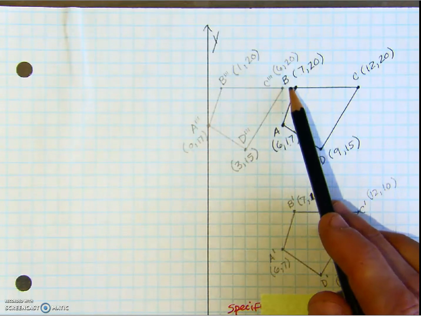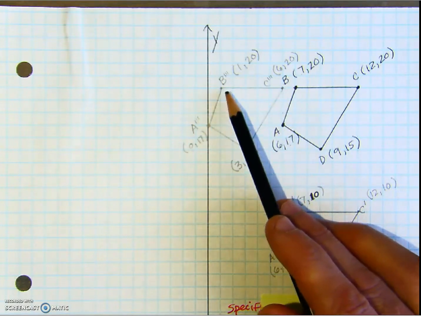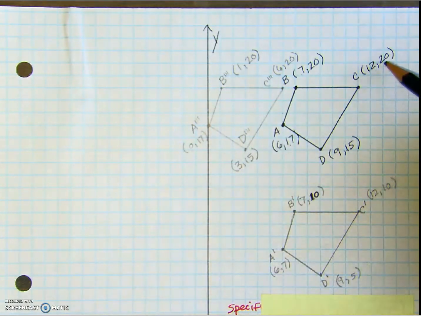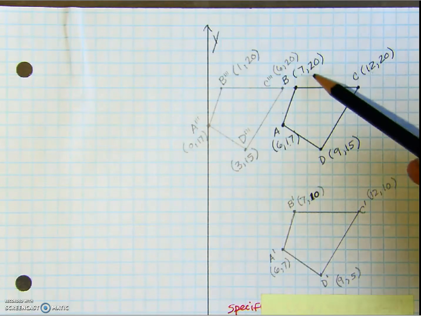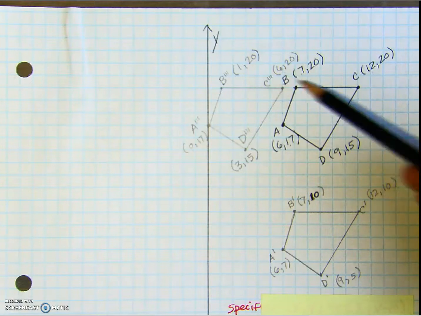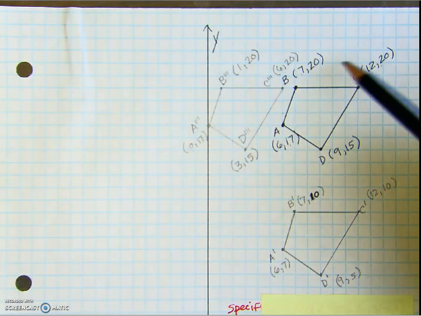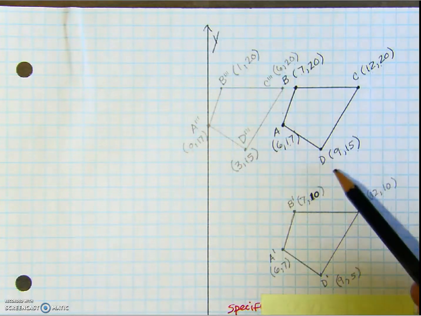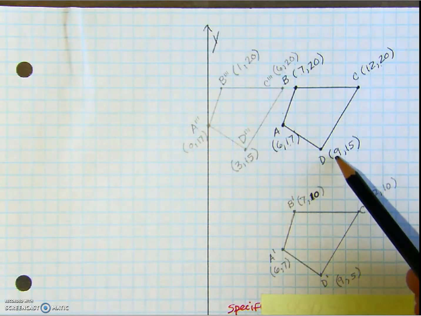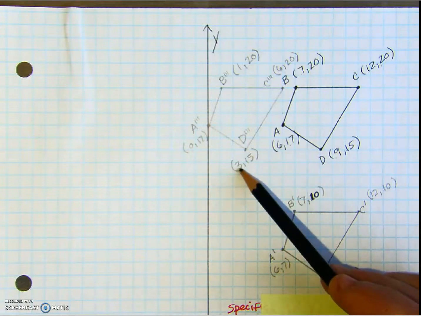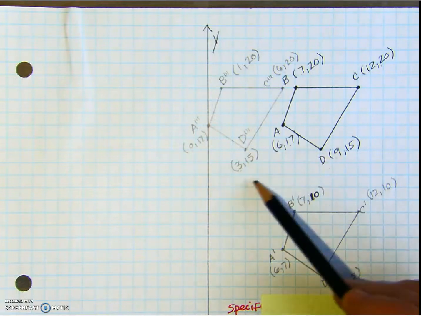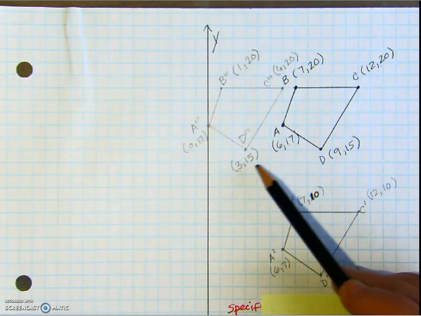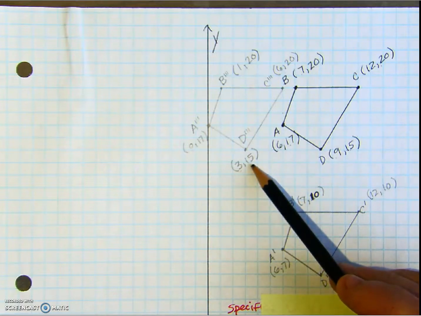Same thing right here, C to C triple prime. 12 becomes 6, and the 20 stays a 20. And then finally for D, the 9 becomes a 3, and the 15 stays a 15.